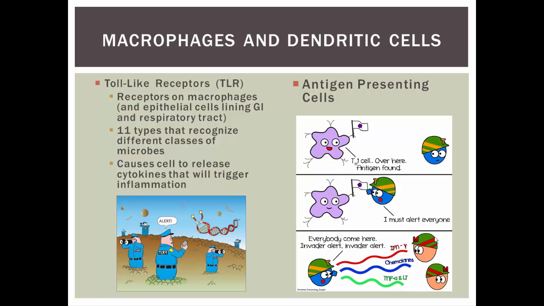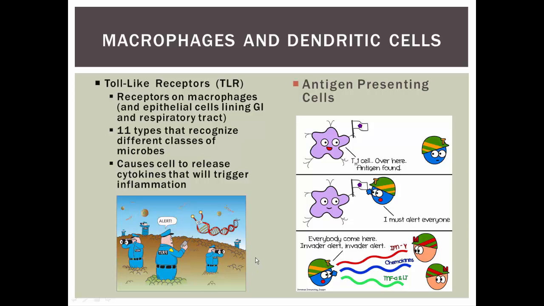Other things that macrophages and dendritic cells can do besides phagocytosis is they can act as sentinels, and this involves what's called a toll-like receptor. These are receptors on the macrophages that can recognize different classes of microbes. So there's like 11 types of microbes out there, and they'll recognize those 11 types. And so think of these guys as sentinels.